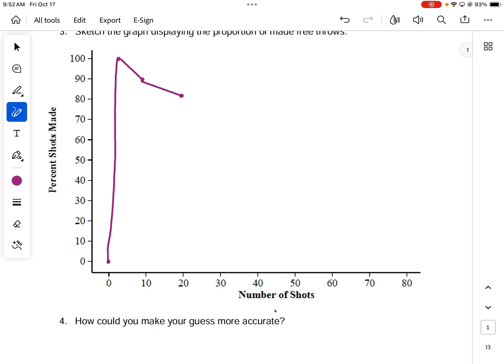At 30 trials, I was at like 85. And then at 40, I was at 78. At 50 trials, I was at 81.